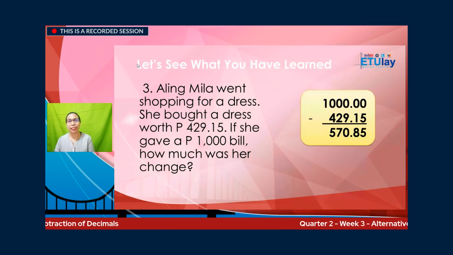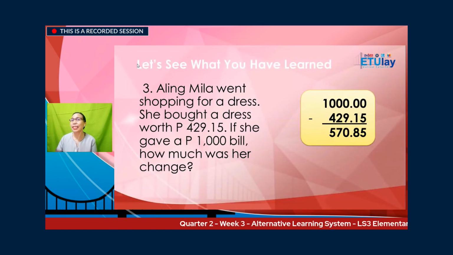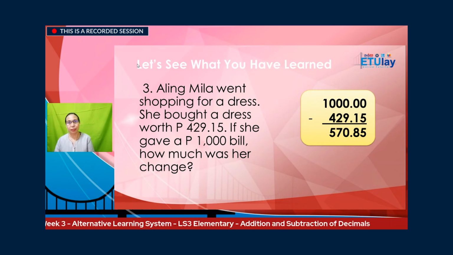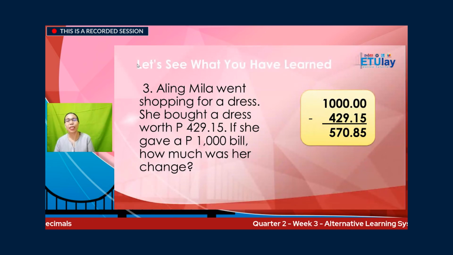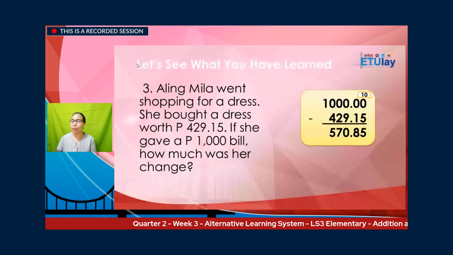okay, we have 1,000 minus 429.15. And this time, again, we use regrouping. The regrouping starts from 1, it will be borrowed by the next 0 until the last 0, and the last 0 will be equal to 10. Minus 5, it's 5. The next 0 is equal to 9.